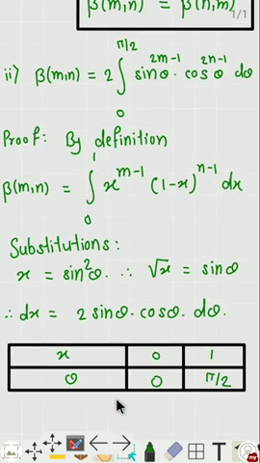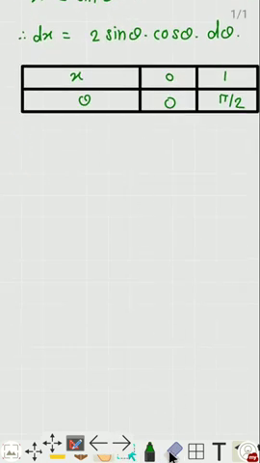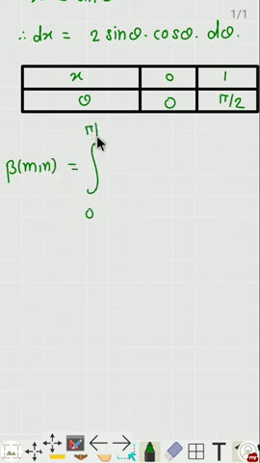Okay, due to this substitution we get, if I use this substitution in our definition of the beta function beta m n, the integration becomes like this: 0 to pi by 2, and instead of x we are writing sine square theta.